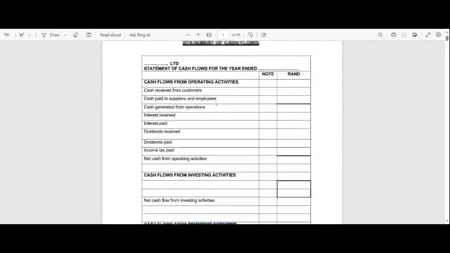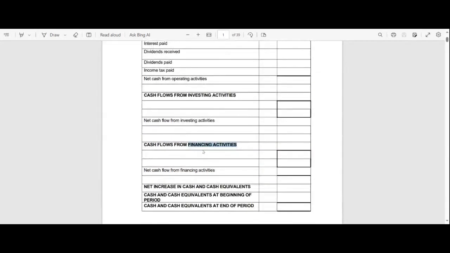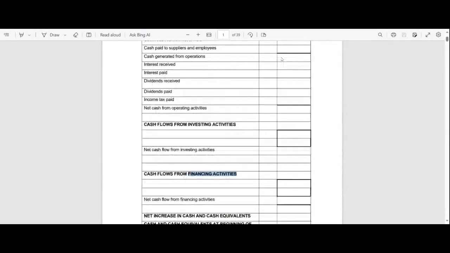So the point really is that those are the three major activities that either generate cash for you or where you have to spend cash as a company, right? So those are our first three sections: operating activities, investing activities, financing activities, and then there's a fourth section here at the end, which is simply a reconciliation section. A reconciliation section. So first of all, you are going to add up all your totals and subtotals here.